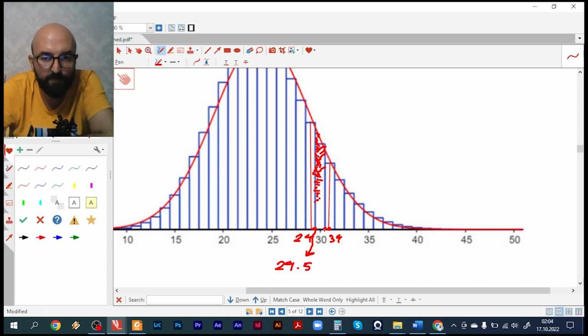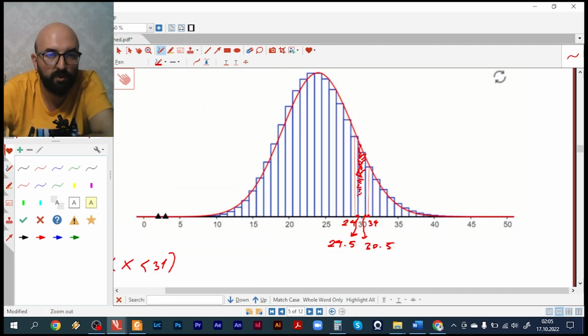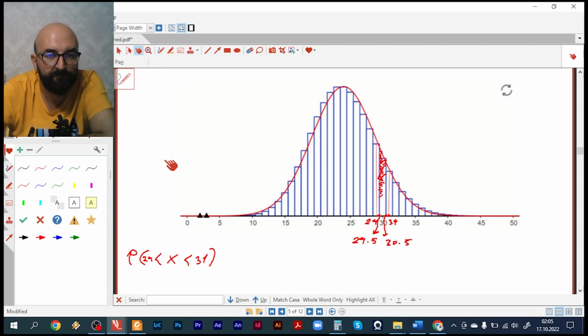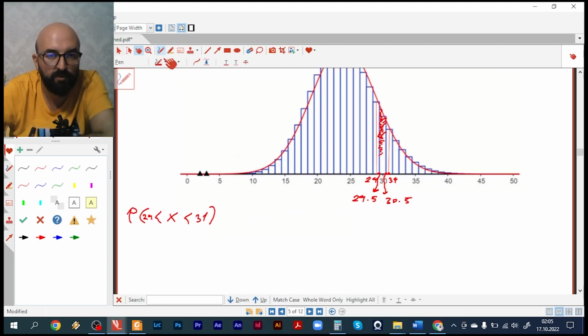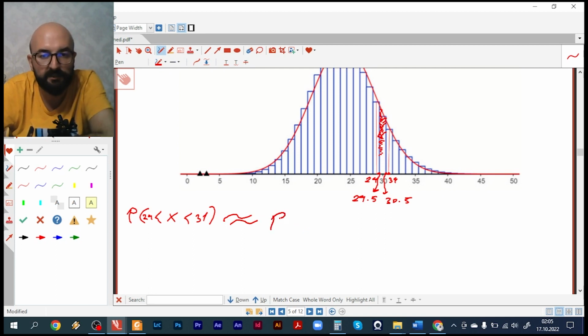So this point is 30.5, and if you convert to the normal distribution, you should find the probability of x greater than or equal to 29.5 and less than or equal to 30.5.